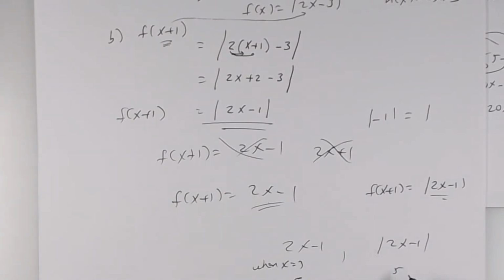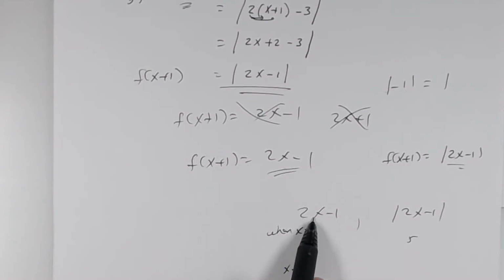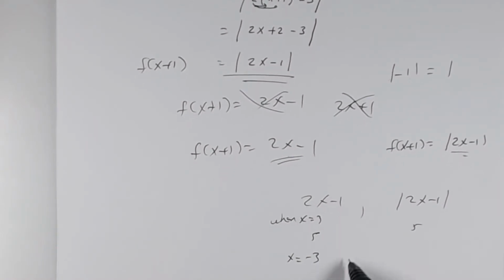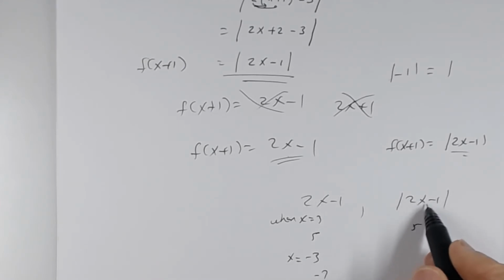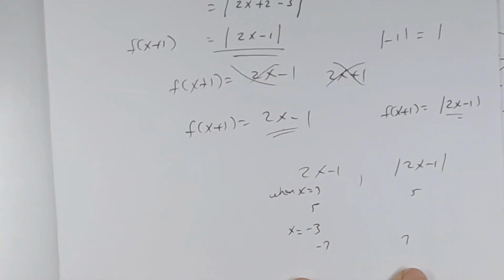Okay? No big deal yet, but what about if I substituted x equal negative 3? What's 2 times negative 3? Negative 6. Negative 6 minus 1? Negative 7. So I get negative 7. But what's the absolute value of negative 7? 7. Those are not equal.